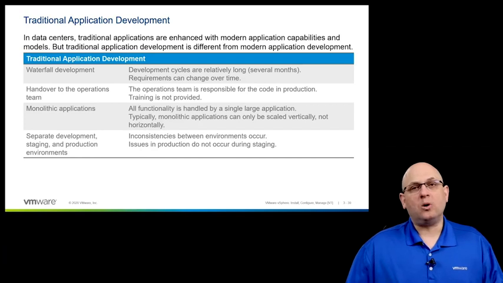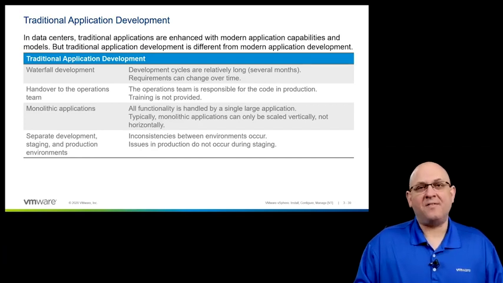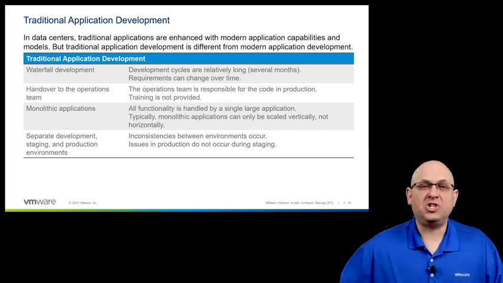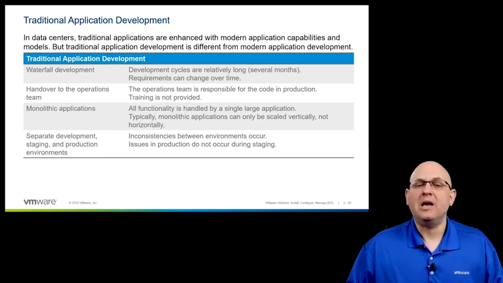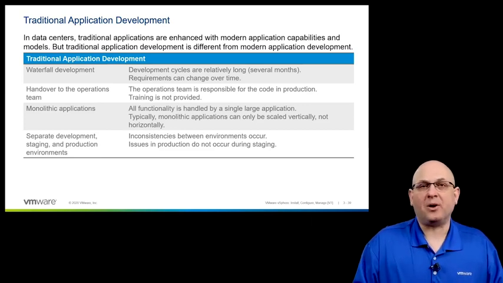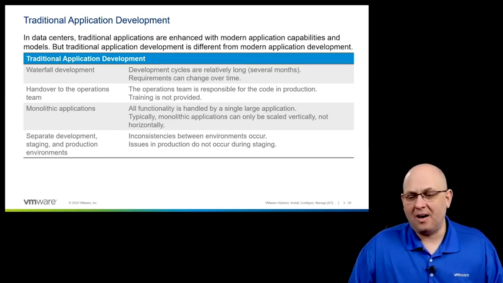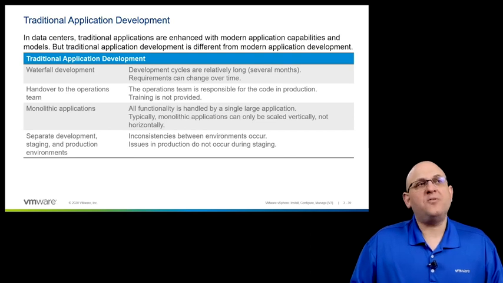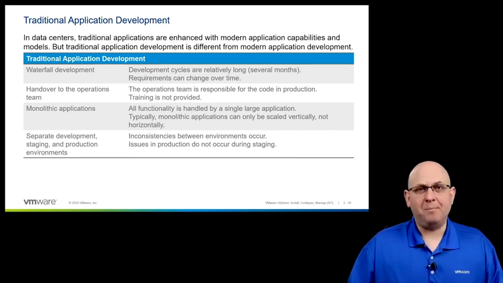So in this world where the developers, VMware, have very little ability to affect the operation of the environment, we use waterfall development. We're very careful about the code that we release, that it's tested by many thousands of people, and that sort of thing. We also find in this environment that these applications are relatively monolithic.